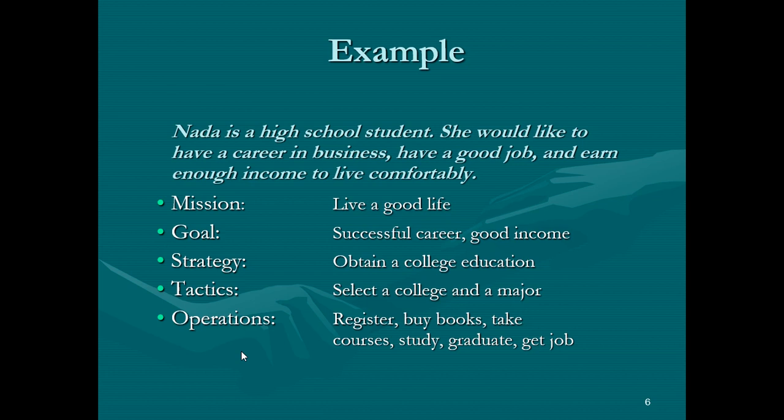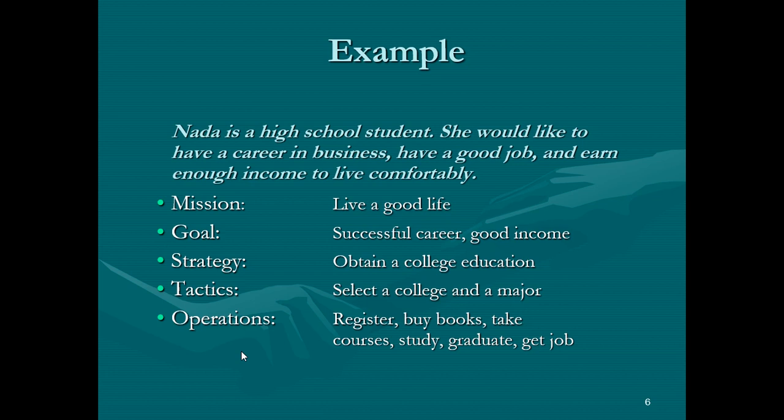Therefore, Nada will have a successful career and good income in order to live a good life. Then Nada will put her long term plan, which is to obtain a college education in order to have a successful career and good income to live forever in a good life.